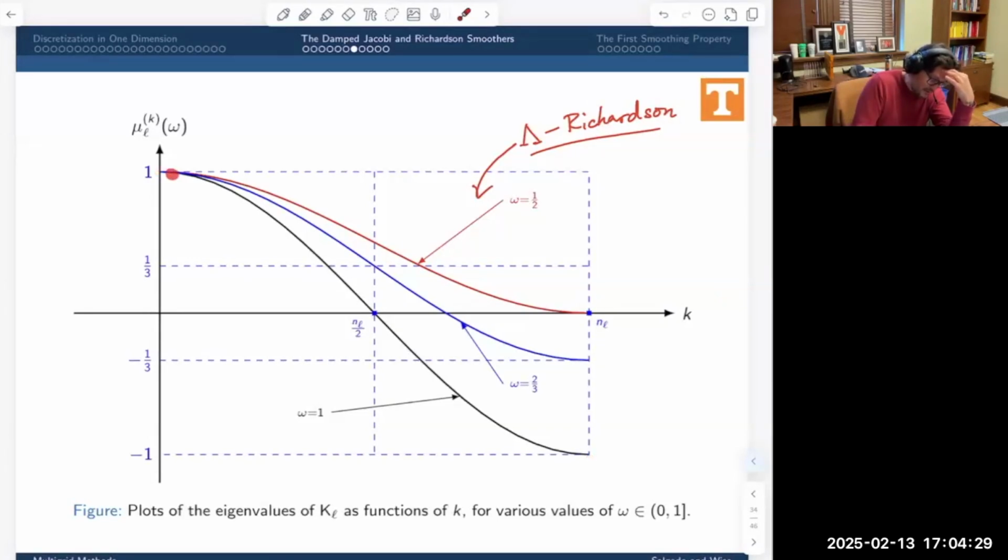It's going to be roughly this eigenvalue here. Now I have to be a little bit careful because this last eigenvalue down here, when I choose omega equal to 1, is exactly equal to minus 1. So that's bad.